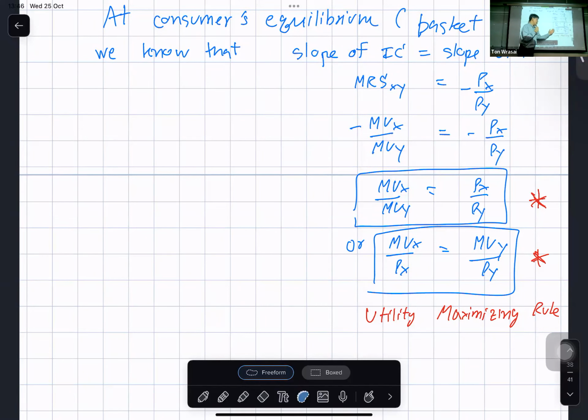We got MUX divided by price of good X equal to MUY divided by price of good Y. And this is not a new thing that you see. We observed this in the cardinal approach already with Jeremy Bentham, the guy that assumed that utility is measurable. We found this rule already.